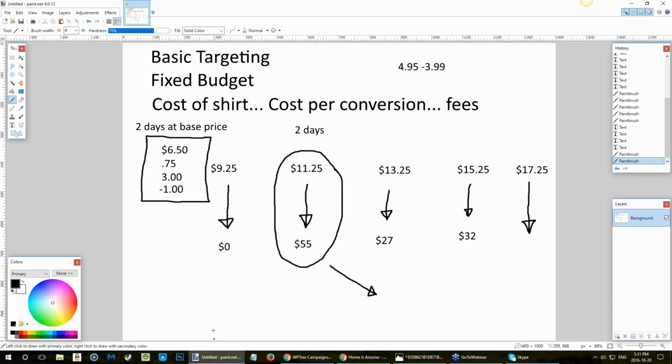We're now in a really, really simple place. If we know that in 2 days this one is making us 55 bucks, we can now scale up. And as we scale up, it's really simple. Just increase our budget. If we know that they go crazy over this shirt and it makes it very profitable for us at this price point, we just have to scale up.